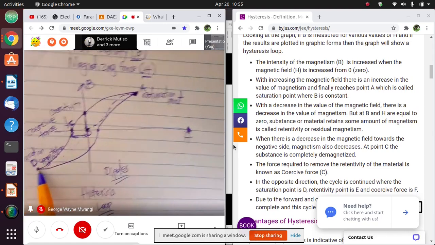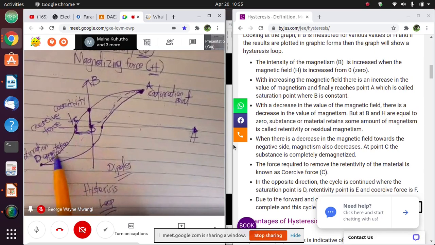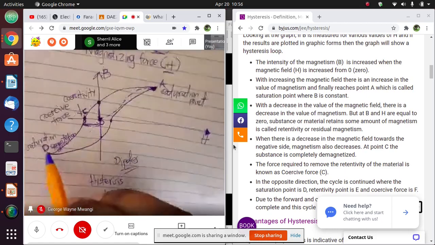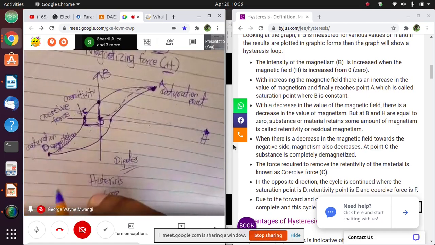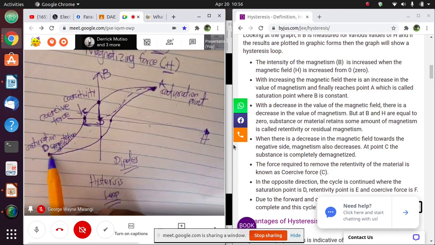Now, when you expose that material to magnetism in the opposite direction, the magnetism will increase, but in the opposite direction, and it will get to a point where that magnetism reaches a limit. No matter how much force you increase, that magnetism will not go beyond it, and we will see that that material has reached magnetic saturation.